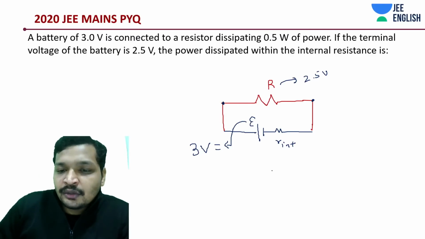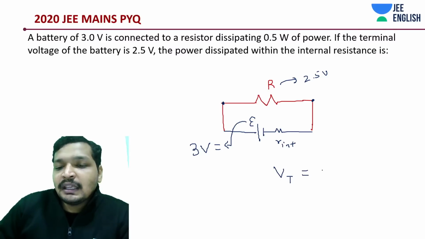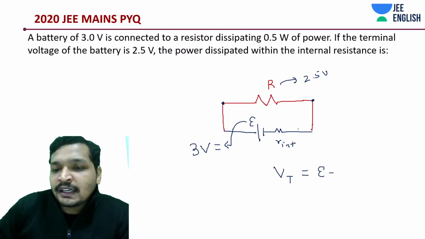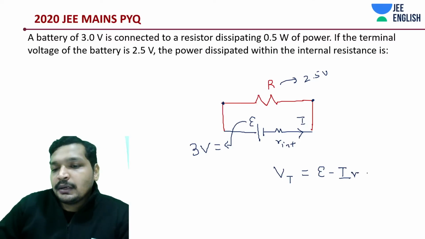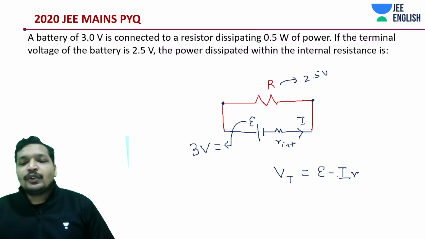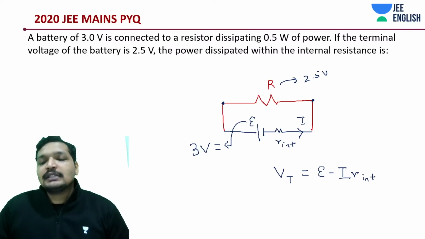So you can write it down something like this. Terminal voltage, you know this, I guess, is nothing but EMF minus whatever current is flowing through this. That is going to be the same current through the resistor. It's EMF minus I into small r. Okay, that is the internal resistance, the small r in this case.